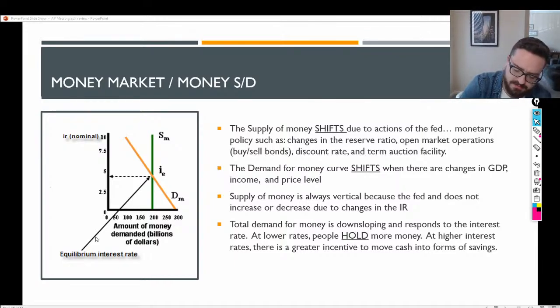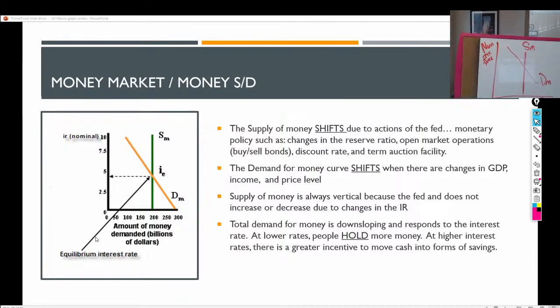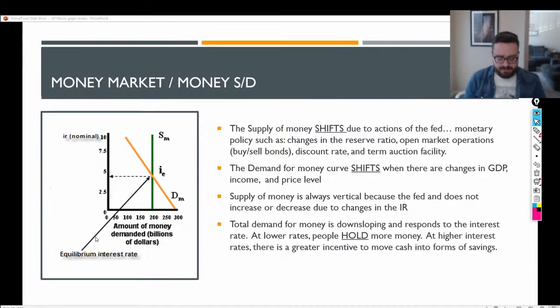S, M, D, M is probably fine. I write the supply of money and demand of money. X-axis is quantity of money. Y-axis is nominal interest rate. Again, don't abbreviate stuff. I'm only shortening it here because I don't have space to draw it on my whiteboard. You've got an equilibrium level of interest rate and an equilibrium quantity.